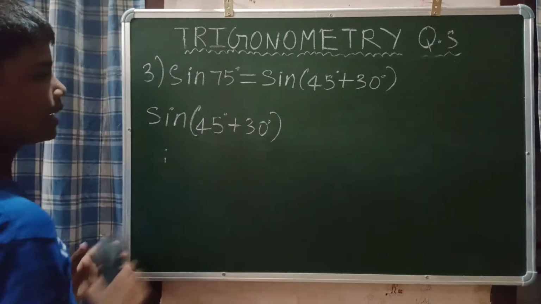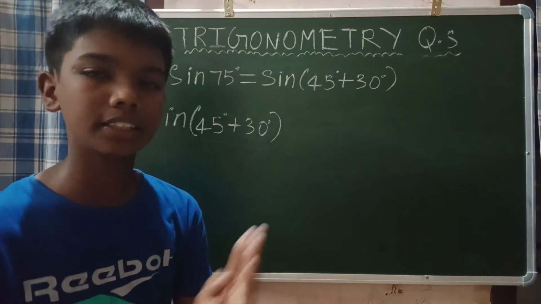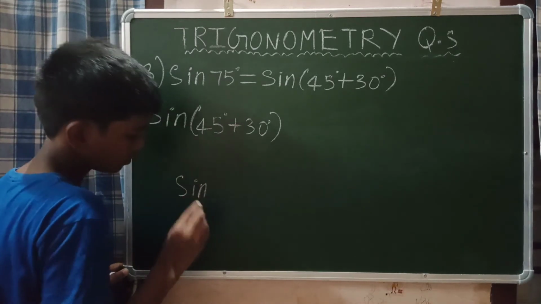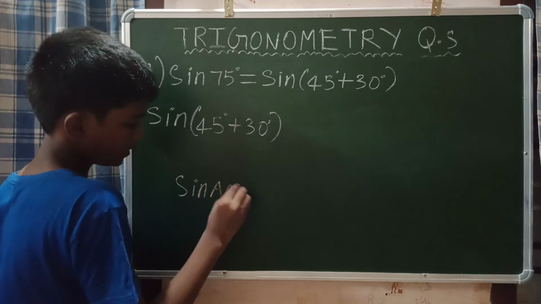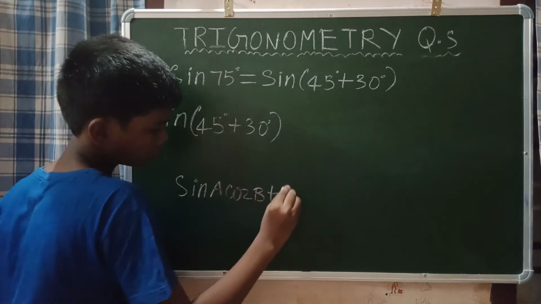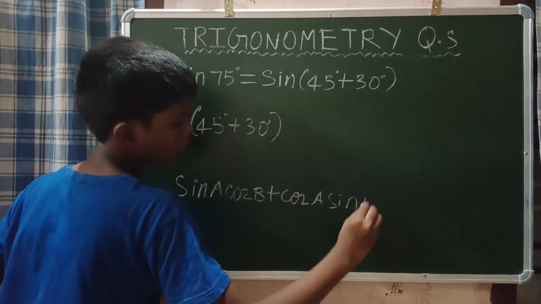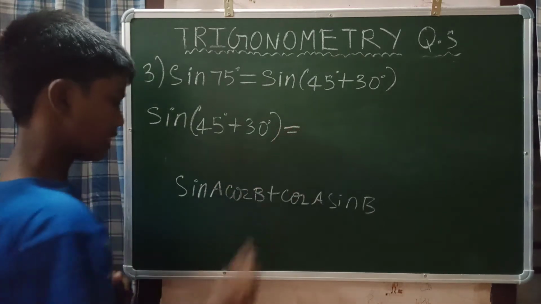Earlier I told that sine A plus B is equal to sine A cos B plus cos A sine B. I will write below: sine A cos B plus cos A sine B is the value of sine A plus B. Now I'm going to evaluate the value.